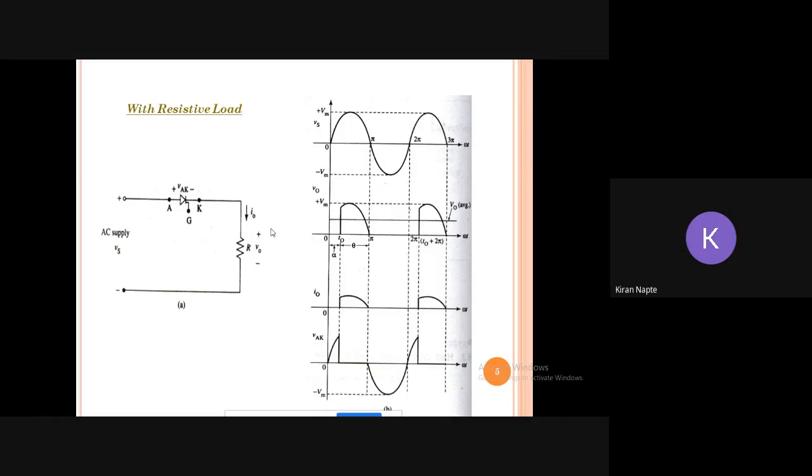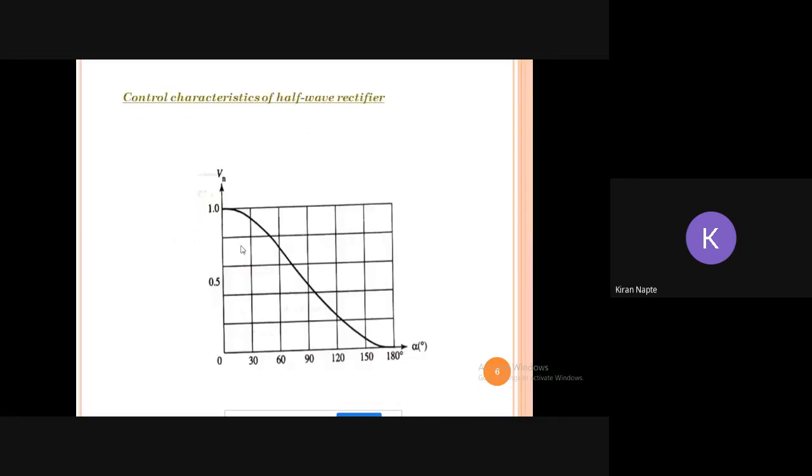Sometimes we may need to provide the DC voltage generated by this rectifier circuit to an inductive load. In that case, the circuit representation will be different. Instead of R only, we have RL, and that RL will be your inductive load.